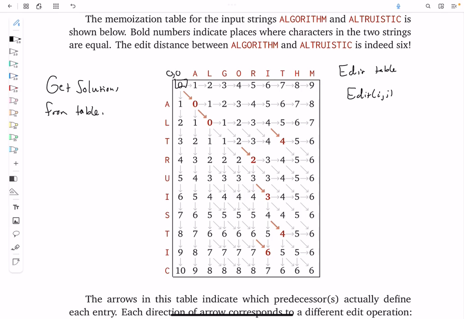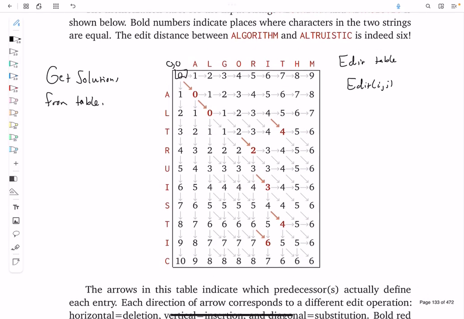So the way we compute the solution is we start at the very end. Because we plug in m, n at the end, we know this is the end of the solution. And then at each point, we made a decision. So to get from m, n, which is the end, we made some decision.